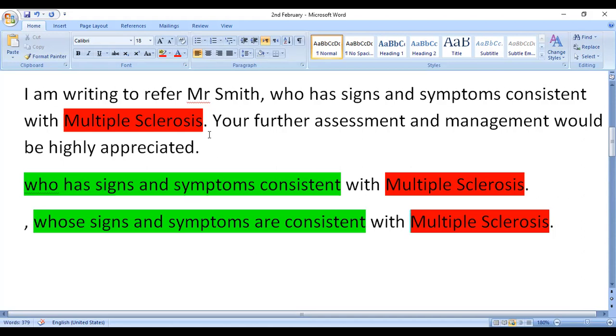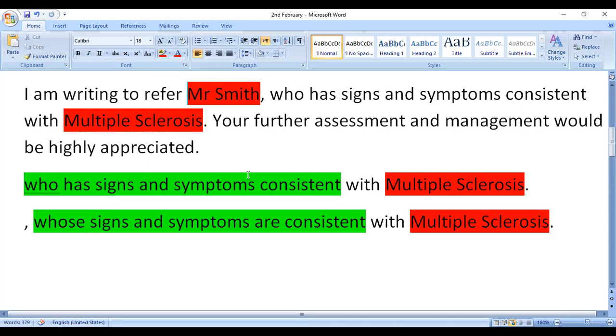Okay, Mr. Smith, what is happening with Mr. Smith? Okay, that is a good point. One of the doctors told me that this is a mistake here. Excellent, excellent.